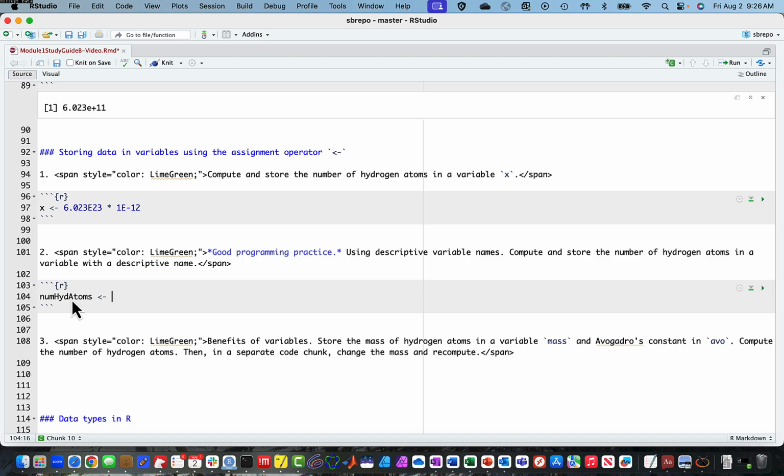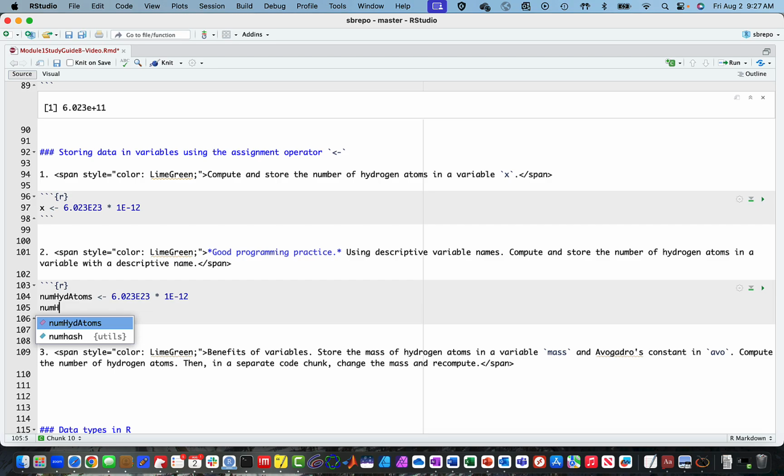So I might say numHydAtoms and use the assignment operator to store the number of hydrogen atoms as before, and we can run this code chunk. And once again, it has stored this number. If we wanted to see what value the variable has, then we can just type its name. And the other thing to see here is that now that we have created this variable, R remembers it.